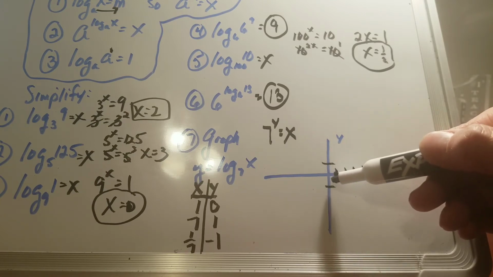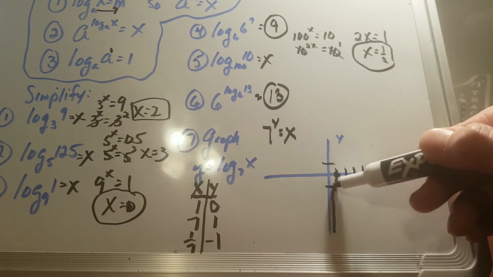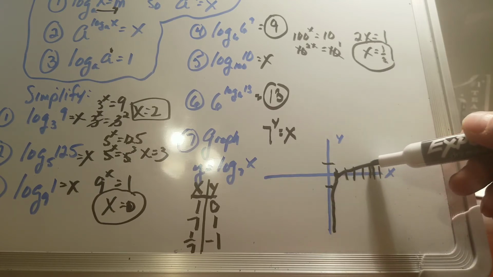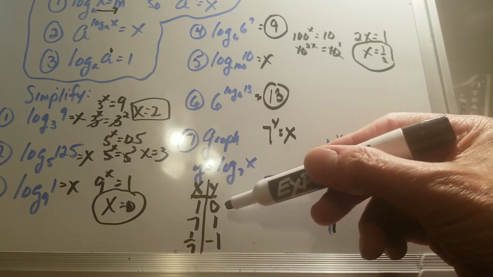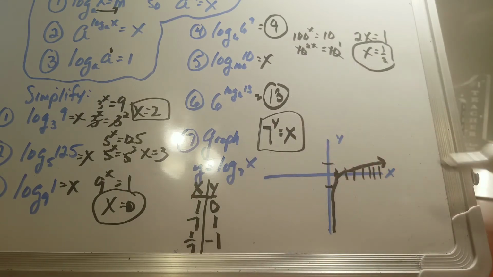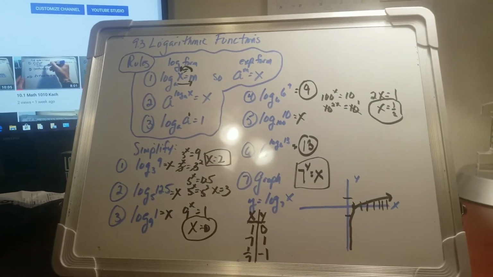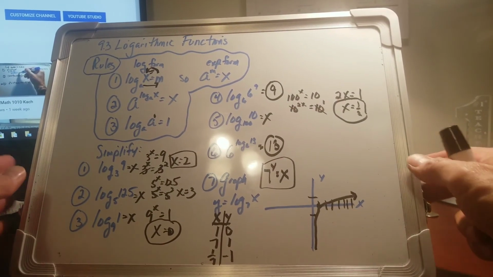And (1/7, -1) is over here. In other words, this is what the graph is going to look like. So you got to convert this from log to exponent form. Okay, let me pull this away in case you want to make a copy. Okay, turning it around.